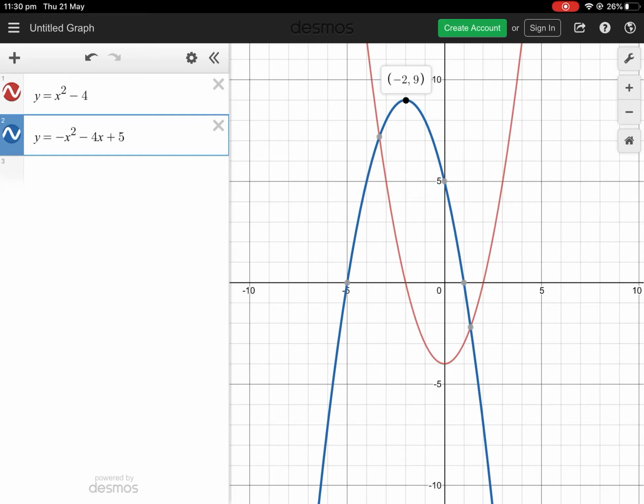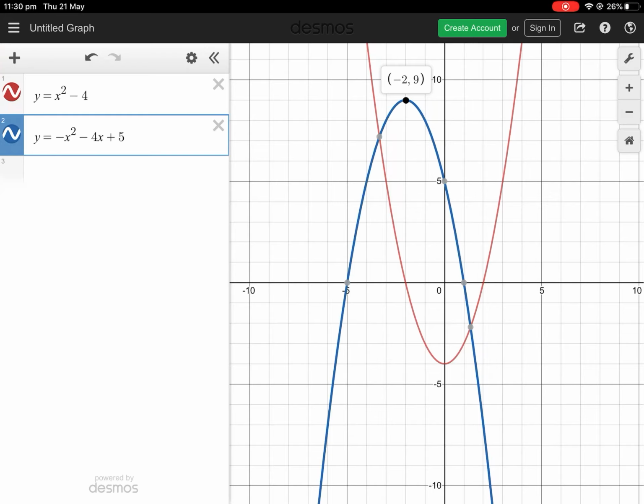Now, remember, the equation of the axis of symmetry is always an x equals equation, because it's a vertical line, and because the x value will always be the same no matter where I touch. So no matter where I touch, my x value is always going to be -2, therefore my equation of the axis of symmetry is x equals -2.